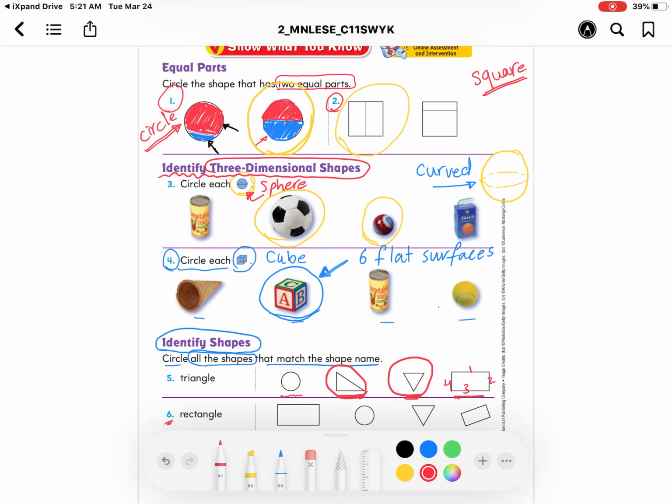Now, the last question here, it says rectangle. We should circle all rectangles. Now, the first shape. Excellent, good job, boys and girls. This is a rectangle. What about the next one? This is a circle, a triangle, and last, this is also a rectangle. And as I told you before, a rectangle has 2 long sides, 2 short sides.